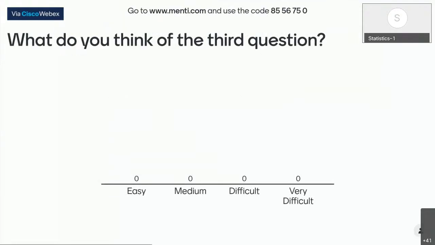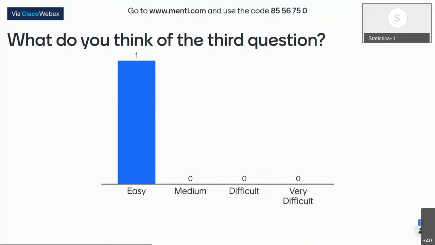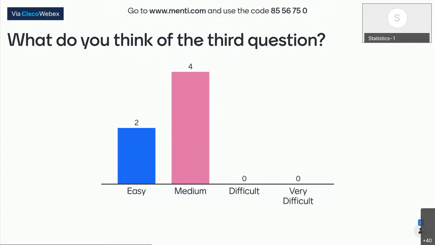So you can enter your responses for this. What do you think about this third question? This is the last question of this session. Easy, medium. Five people are saying easy.